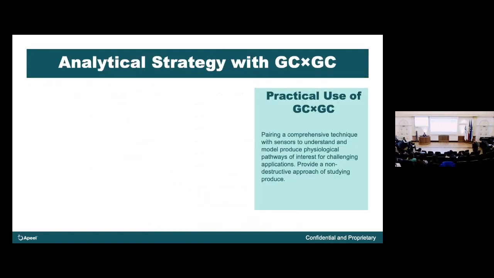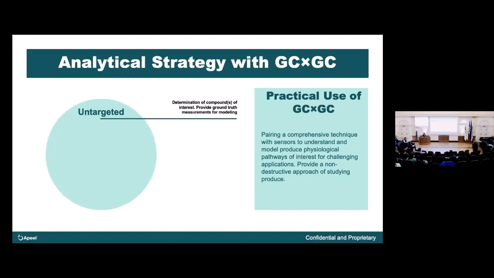So really what we're trying to do is pair this comprehensive technique to ultimately lead to some kind of sensor type development. Really, the comprehensive technique helps us fundamentally understand what's going on so that we can move forward. So we start out with this untargeted approach, and it's really figuring out what is of interest.